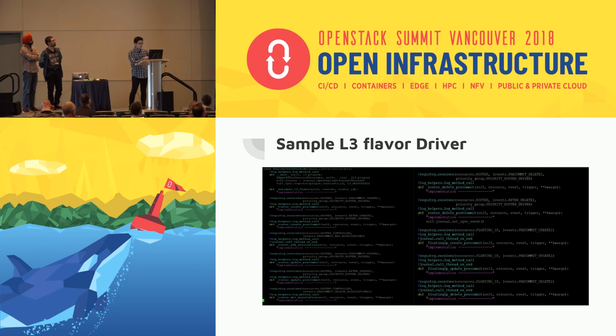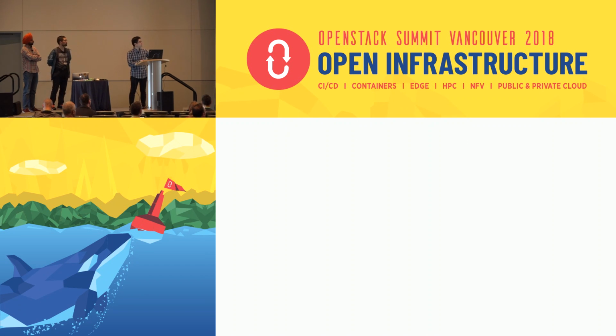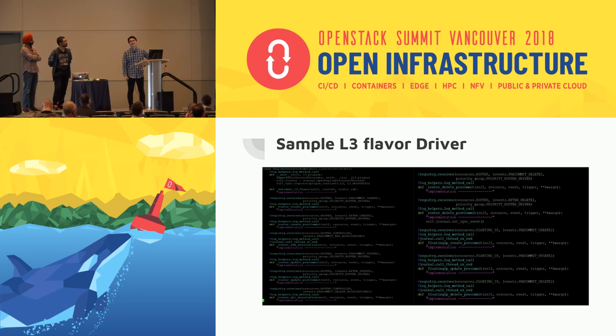This slide shows the actual callbacks. Basically, it's quite similar to the ML2 interface. It has a pre-commit callback and post-commit callback, basically, then for each resource, in this case, router and floating IPs.